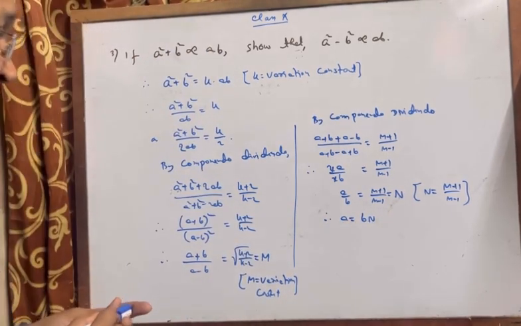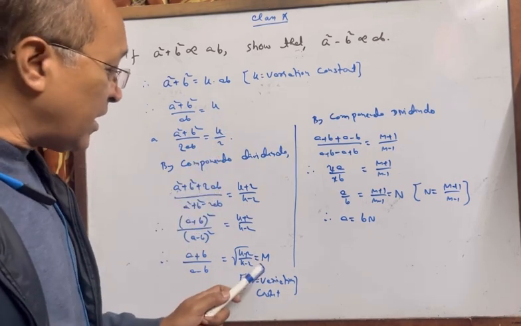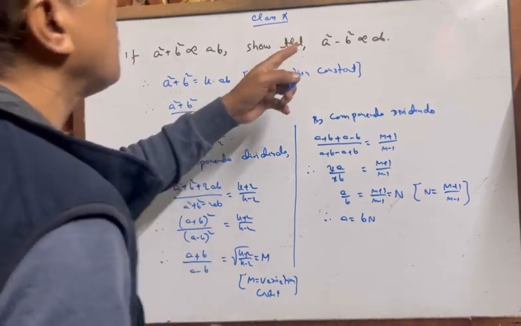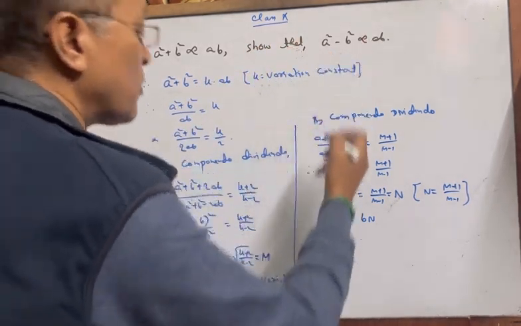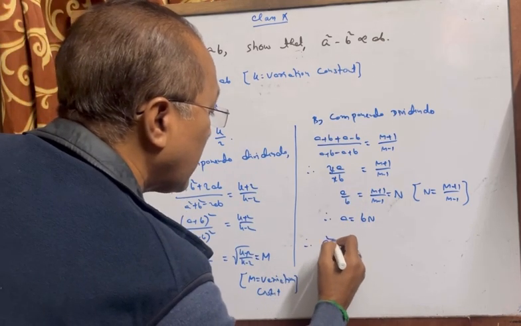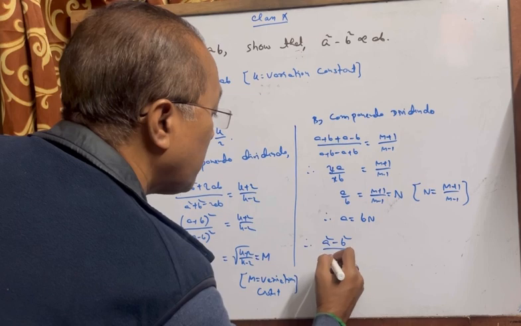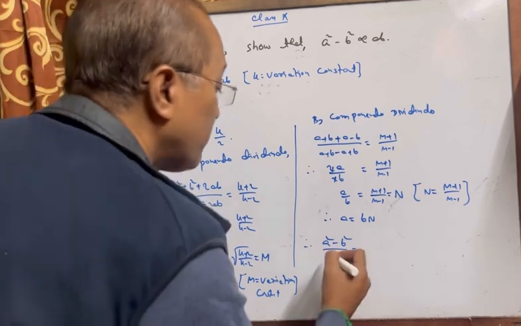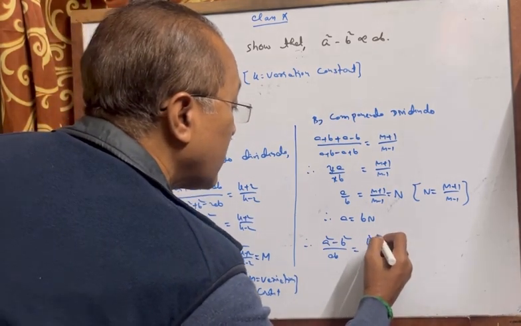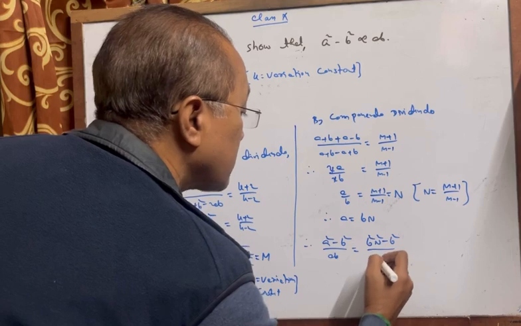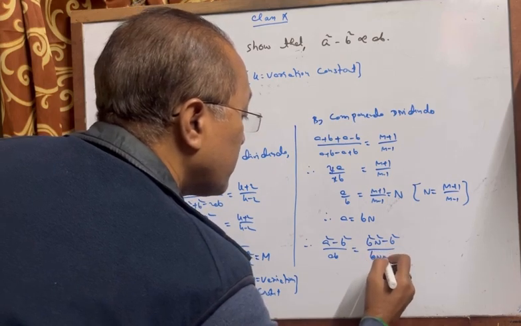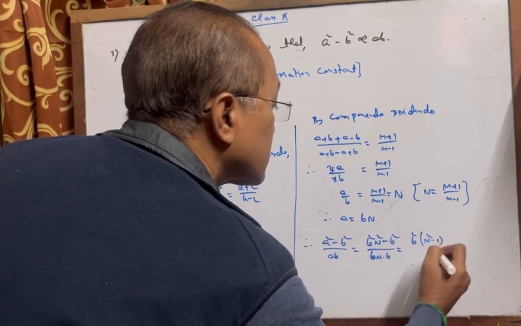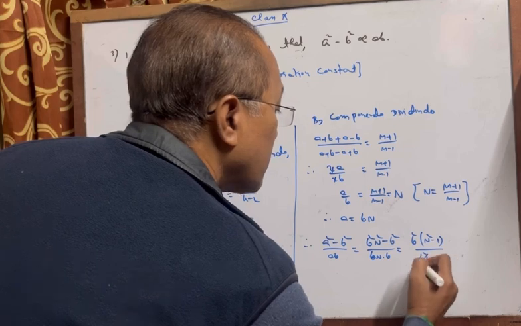Now what to find out? Please remember, k, m, n are nothing but constant terms. Okay. Now we have to show that a square minus b square is proportional to ab. We can write a square minus b square by ab is equal to, all the a's being replaced by bn, b square n square minus b square by bn into b, that is b square times n square minus 1 by b square n.